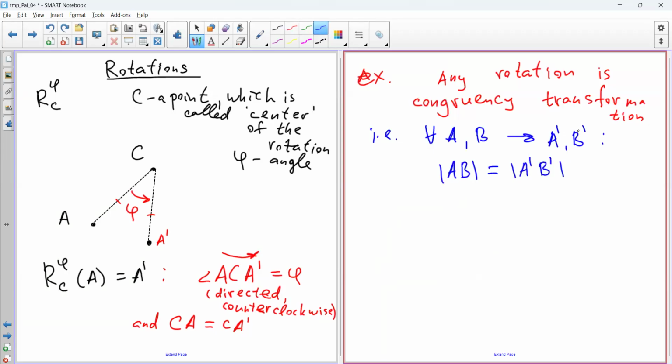And this is quite a huge thing, because that means that any triangle will be preserved, even a degenerate triangle. If we have 3 points on a line, they will go to 3 points on a line with the same preserved distances. And that basically means that everything we consider within one rotation is moved as a firm body. So that is a very physical interpretation.